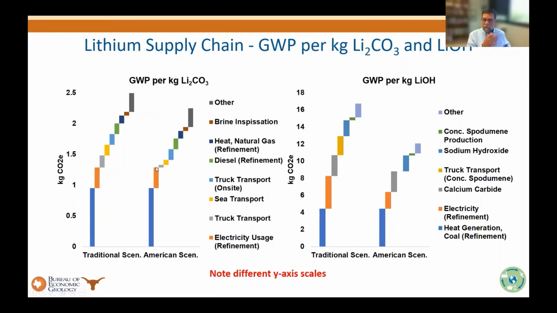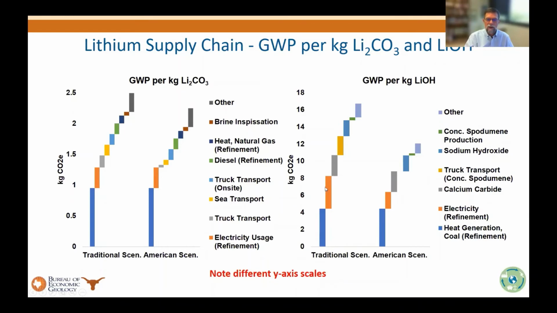So a lot of this has to do with transportation, but it also has to do with where the processing is done. In China, the processing is done with a grid mix that is dominated by coal and more recently solar and wind, or natural gas. But right now it's mostly coal. So we're assuming we're using the current energy mix in China, and the current mix in North America. And you can see the same thing for lithium oxide.